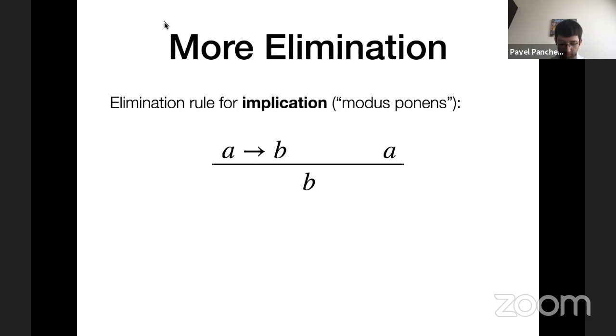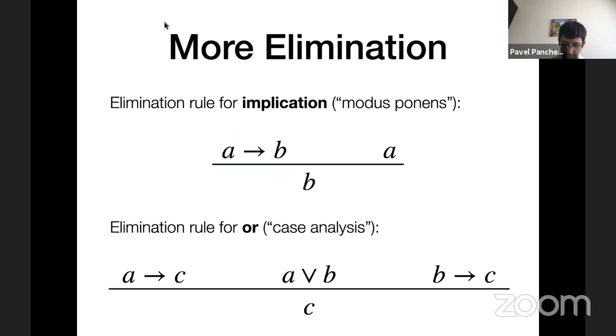So we have this elimination rule. This elimination rule has the implication above the line as an assumption. It tells us what we can do with that assumption, how we can derive some new fact from that assumption. And similarly, we could look at the elimination rule for or. You might call this elimination rule case analysis. It says, if we know that A or B is the case, how do we learn some other fact C?